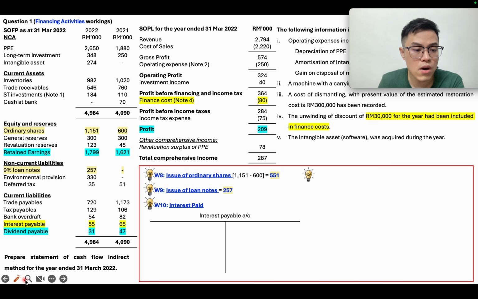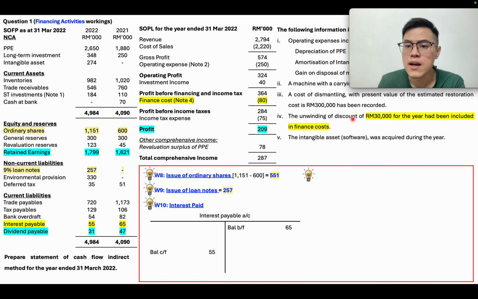And in your interest payable, opening 65, closing 55. So all this yellow color that I highlighted will impact your interest paid calculation. So opening 65, closing 55. And by right, the finance cost without the unwinding effect, 80,000, will be put over here. Because debit expenses, credit your interest payable. But you know this 80,000 includes 30,000, which is unwinding interest cost.